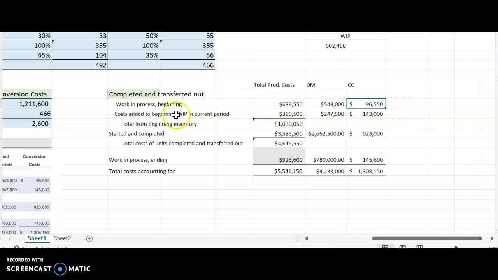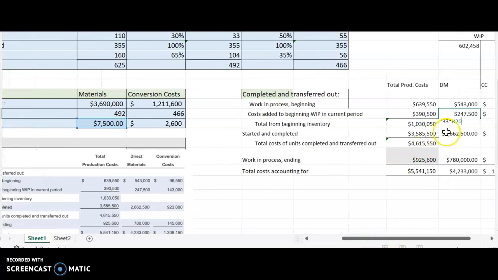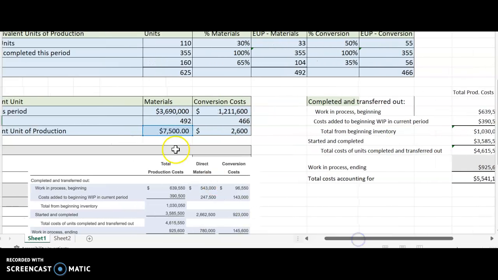All right, for the cost added to beginning WIP, we had 33 units that were in WIP that have not been completed. So we're going to do 33 times the cost per equivalent unit for direct material. The cost per equivalent unit for direct material is 7,500.